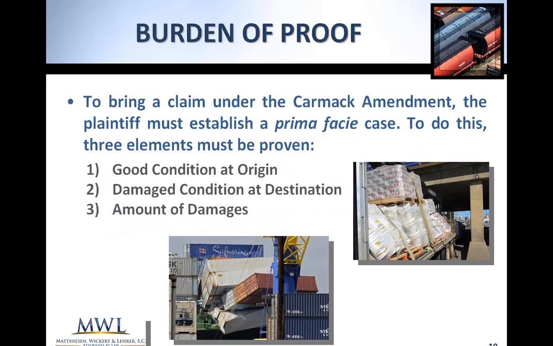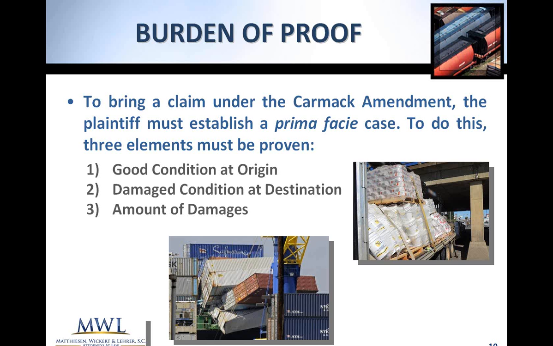Carmack, as I had mentioned, does establish what is known as nearly a strict liability scheme by which motor carriers are responsible for damage to cargo. Now, in order to bring a claim under Carmack and to establish the prima facie case, a shipper must establish 3 elements.